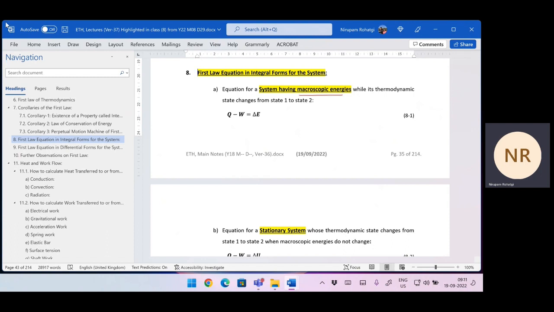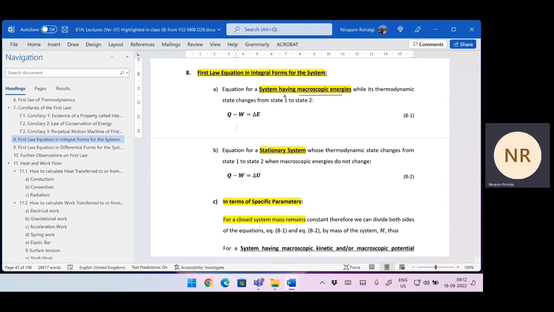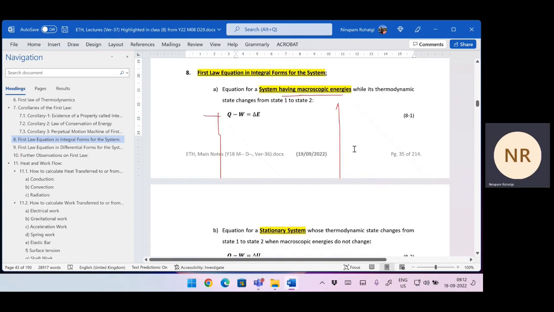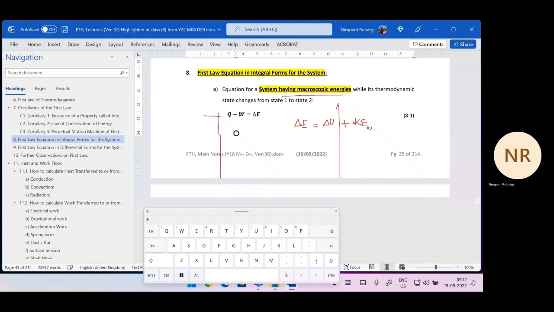So if you are talking about a system which is having macroscopic energies, then we will use the equation, sorry, Q minus W is equal to delta E, where this delta E is actually equal to delta U plus you have kinetic energy and you have potential energy and plus rotational energy.